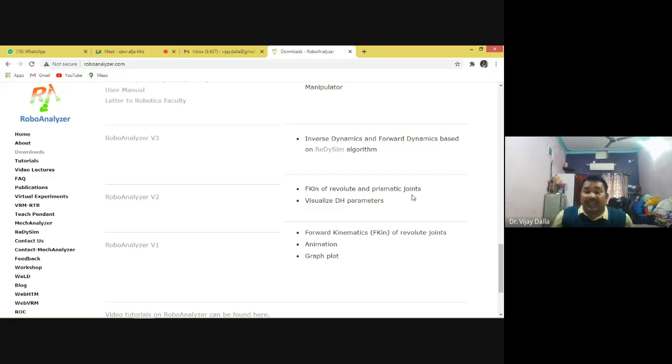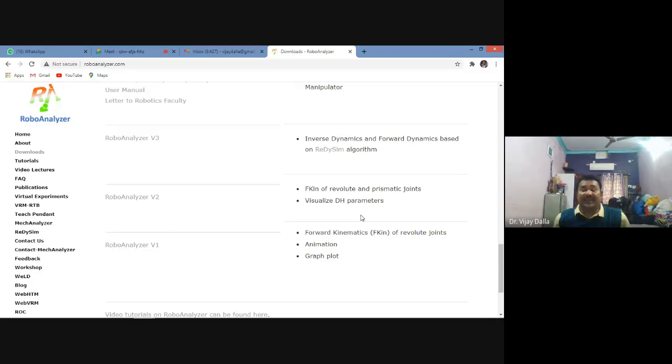So, what is a prismatic joint? The joint which is responsible for translatory motion, whereas revolute is rotary motion.